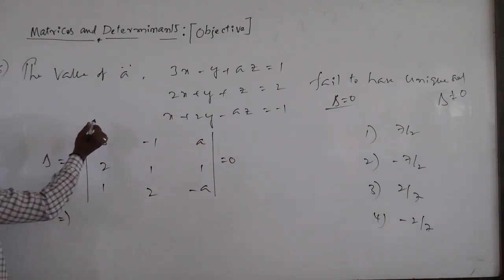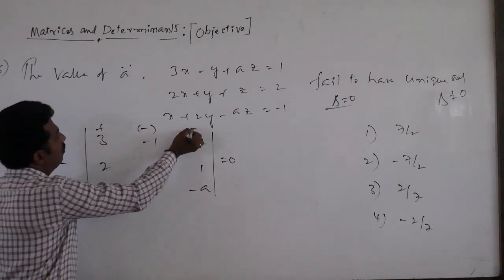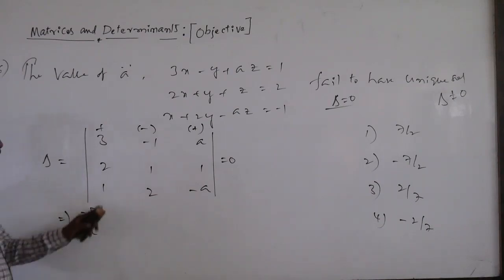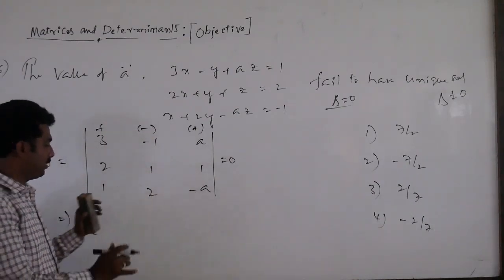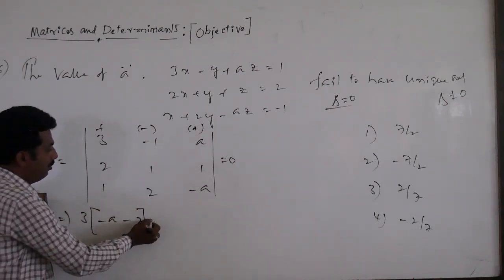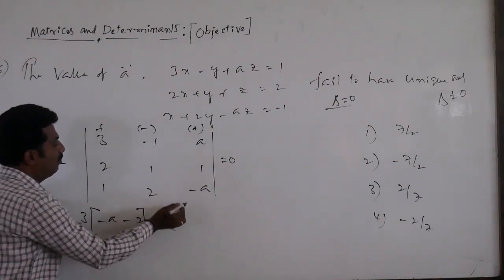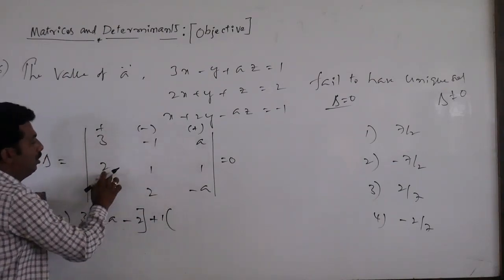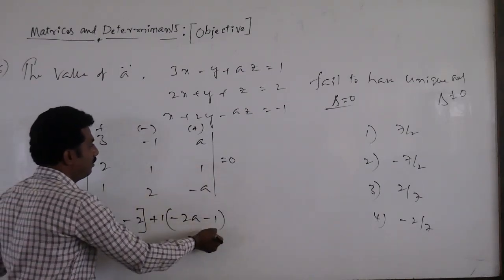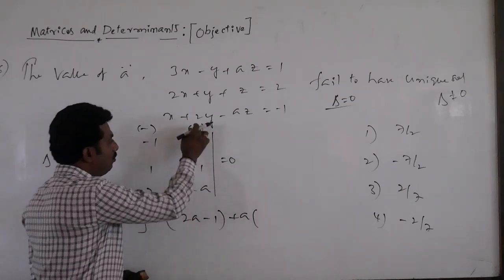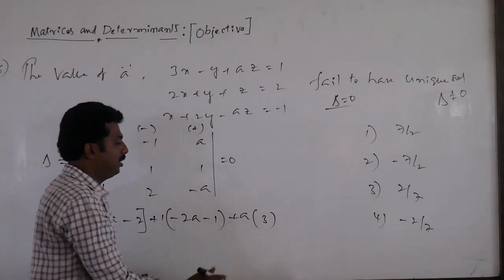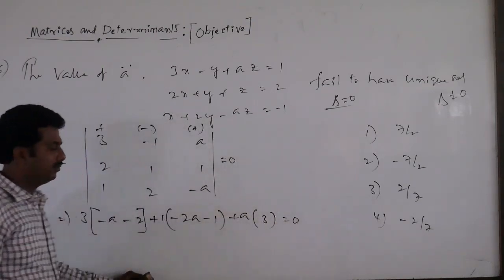If we expand along the first row, what do we get? 3 into, you close this column and this row, minus A minus 2, minus of minus plus 1 into, you close this column and this row, minus 2A minus 1, plus A into, this column this row you delete, 4 minus 1, it will be 3, equal to 0.